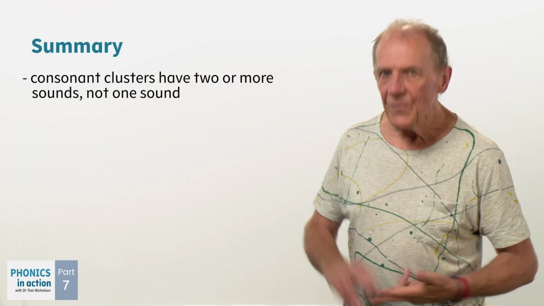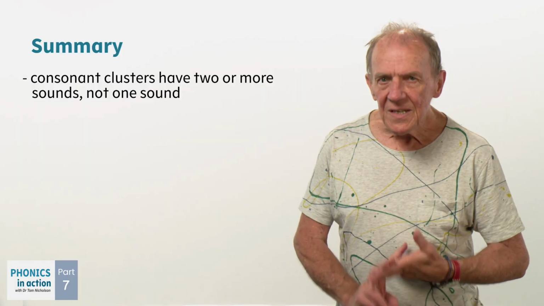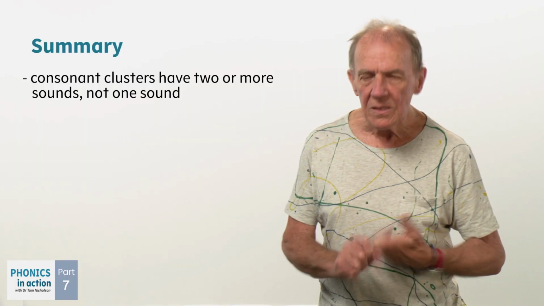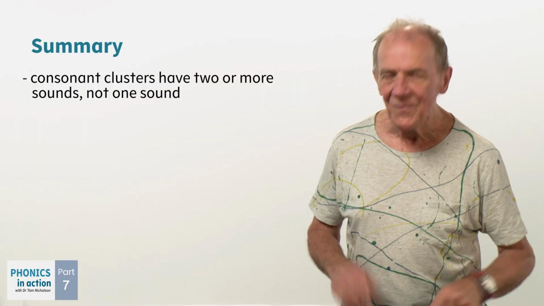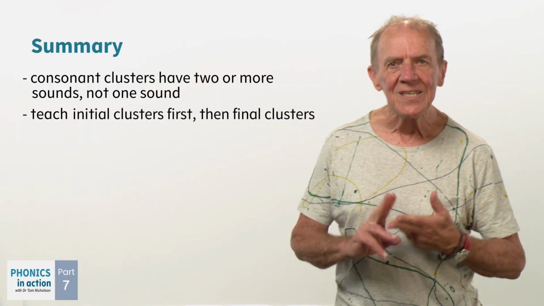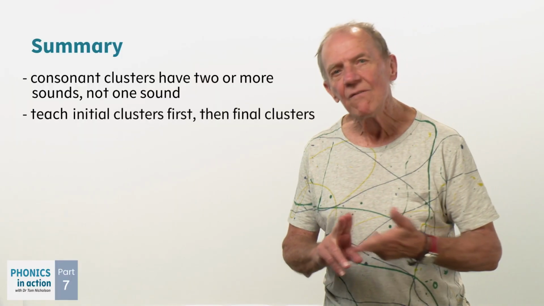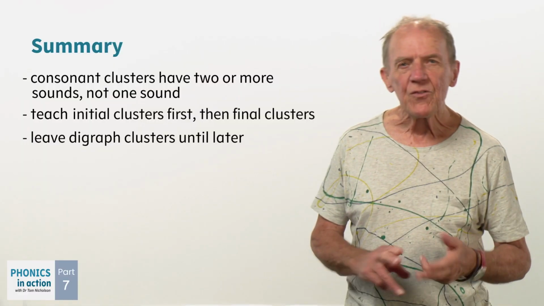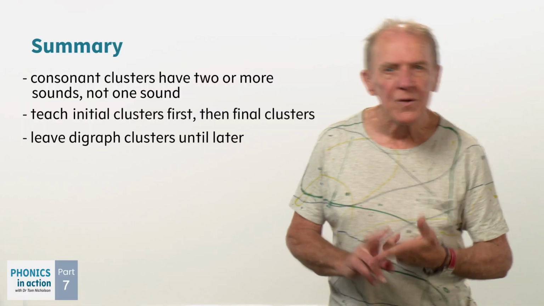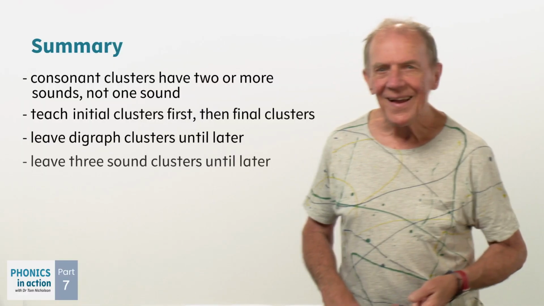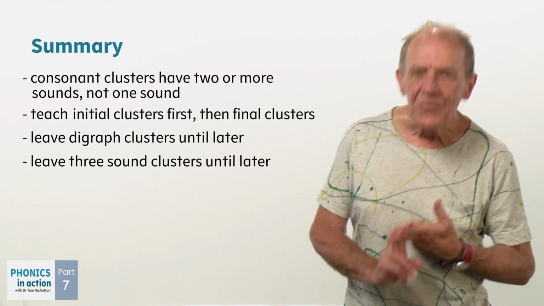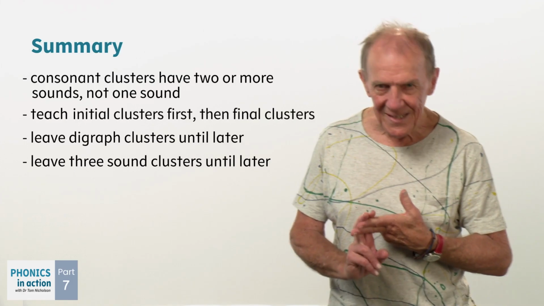To put this lesson in a nutshell, what we did was show 1, that consonant clusters have 2 or more sounds. They do not have 1 sound. And number 2, that we teach initial clusters first, then final clusters. And 3, that we leave the digraph clusters until later. And 4, that we leave the 3 sound clusters until later.